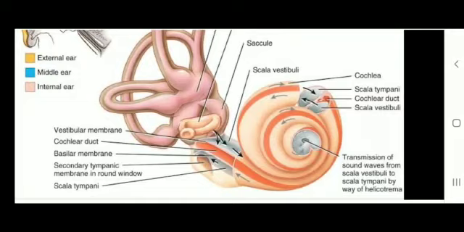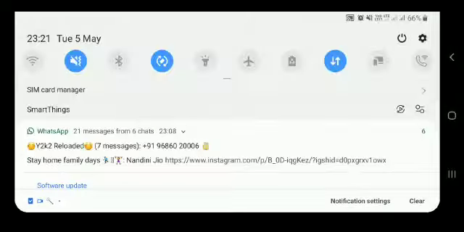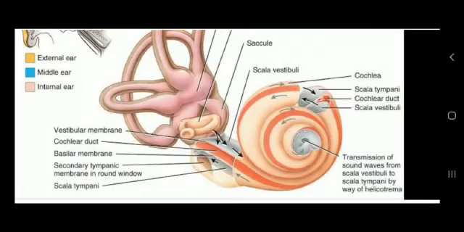Scala tympani is separated from the scala media by the basilar membrane and is closed by the secondary tympanic membrane. It is connected with the subarachnoid space through the aqueduct of the cochlea.